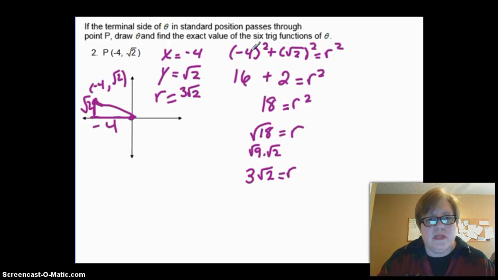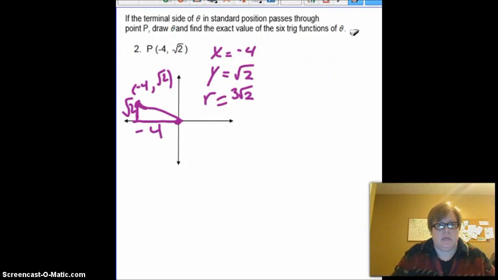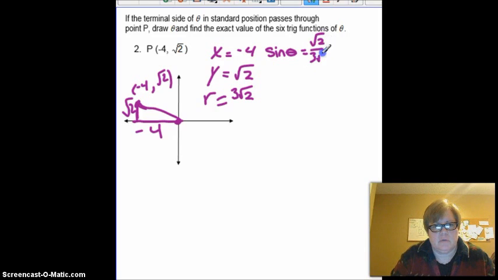Okay, so now we just have to go back and find our trig ratios. So we want to get our trig functions, our exact values, written down. So we're going to set up the ratios. Sine theta was y over r, so that's square root of 2 over 3 square roots of 2. And then we simplify. Square root of 2's go to 1, and we get 1/3.